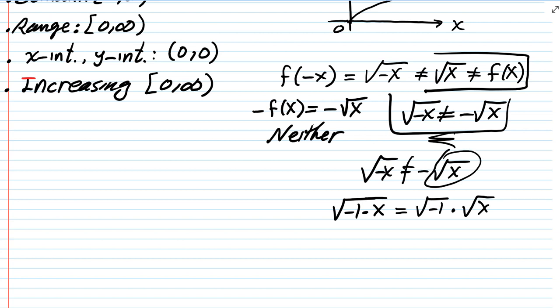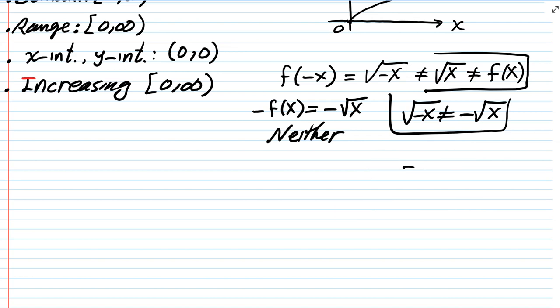So you got this part correct, but this part is incorrect. You see that the square root of negative 1 does not equal negative 1. And if you recall from way back when, square root of negative 1 is that infamous imaginary unit, remember i? So for that reason, I don't want to get ahead of myself here, but there you go. So this is neither even nor odd.